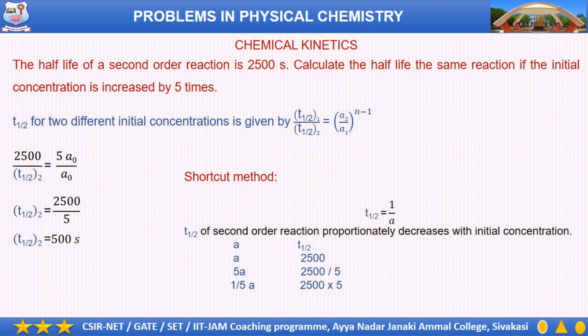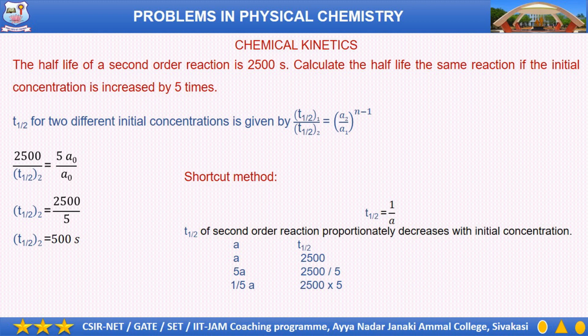In the CSIR examination, I have told you T half is inversely proportional to the initial concentration. Here the initial concentration is A and the time taken, T half, is 2500 seconds. The initial concentration is increased 5 times. According to this equation, as the initial concentration increases 5 times, the T half decreases proportionately, 5 times.